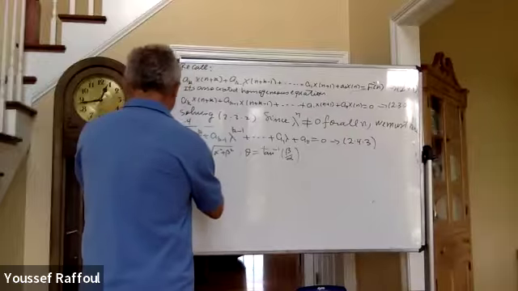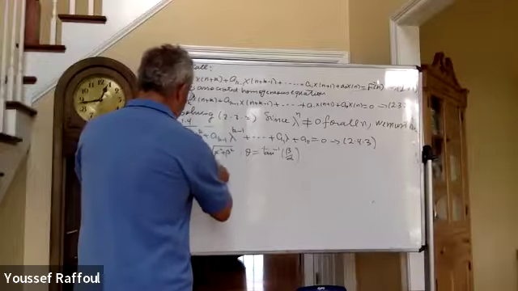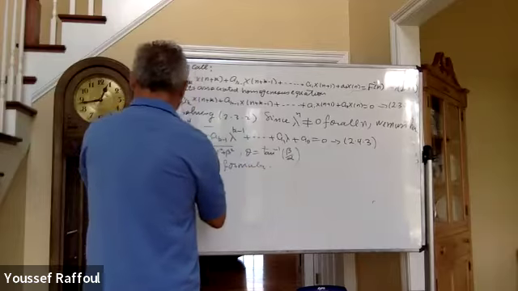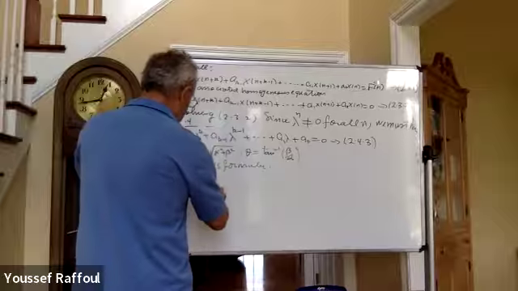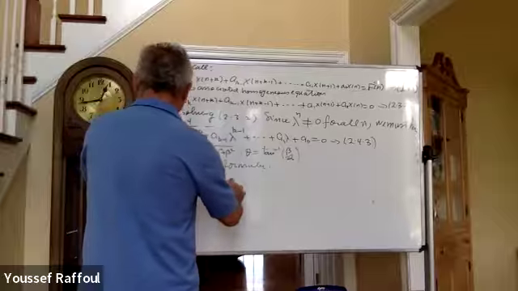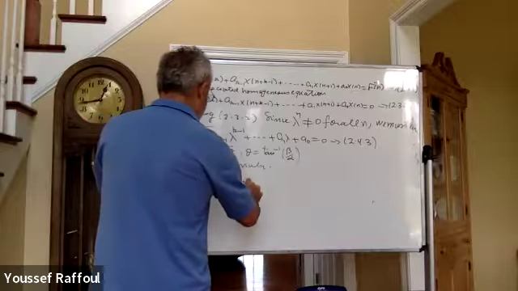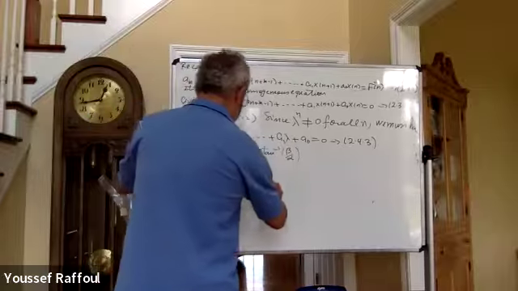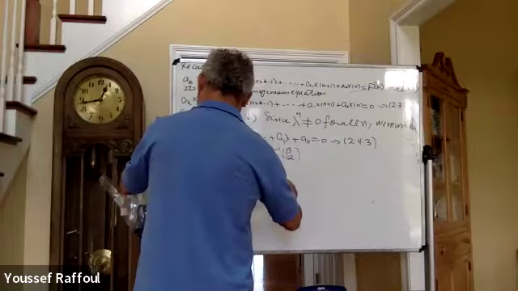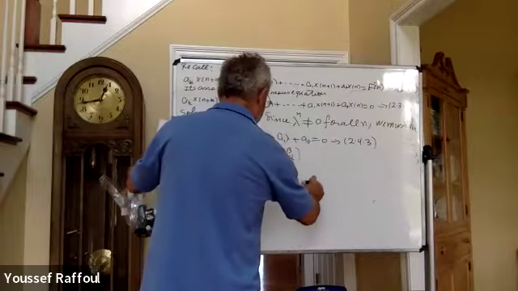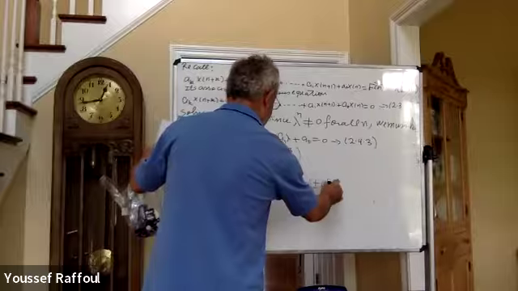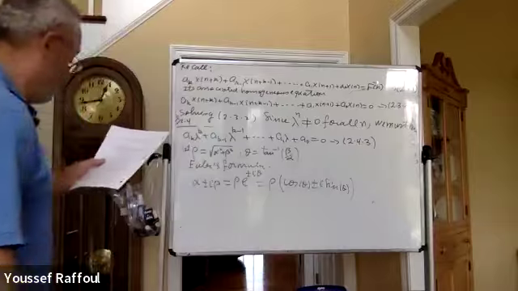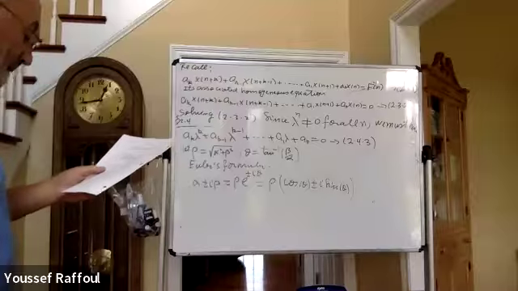Then from Euler's formula we have alpha plus or minus i beta equal rho e to the plus or minus i theta, and that is rho (cosine theta plus or minus i sine theta). Okay?